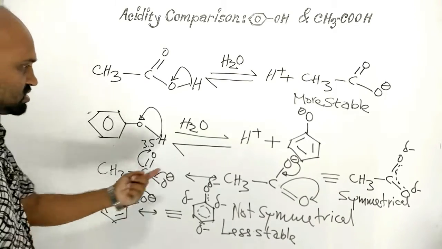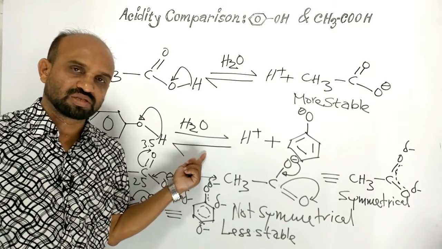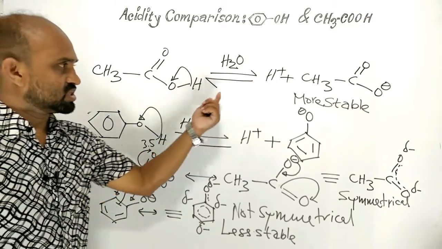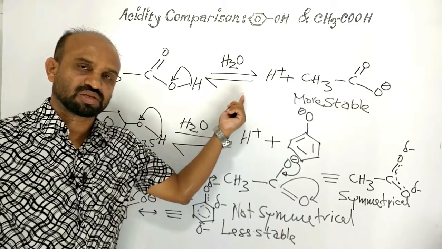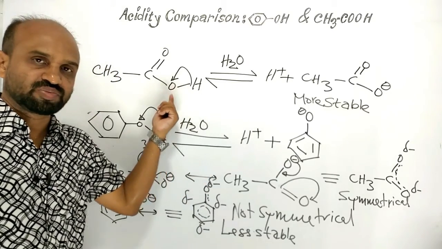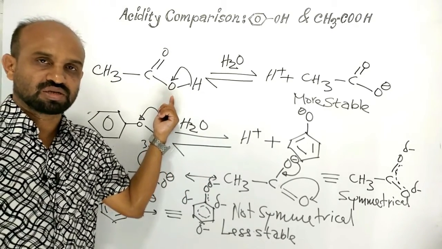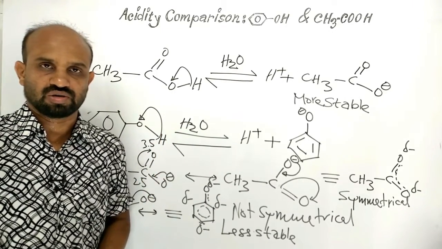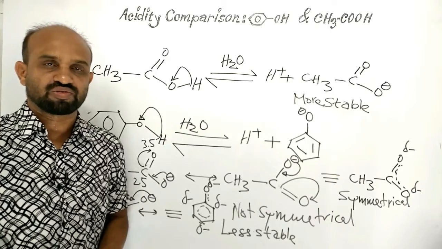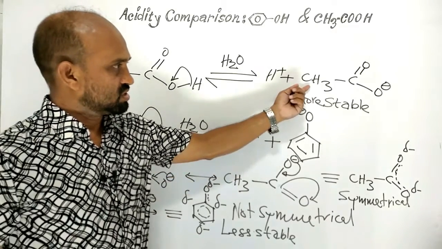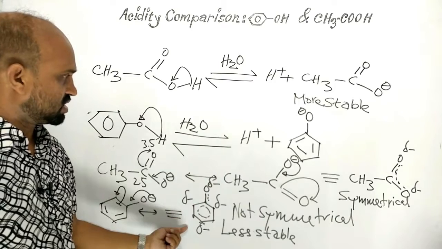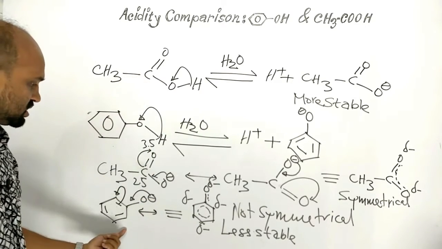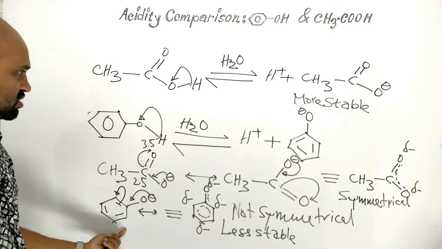That is, in this case, equilibrium is established on the far left side. But in this case, equilibrium is established on the left side as it is a weak acid, but not like carbolic acid or phenol. Because of the stable ion formation, acetate ion and phenoxide ion, acetic acid is stronger than carbolic acid or phenol.